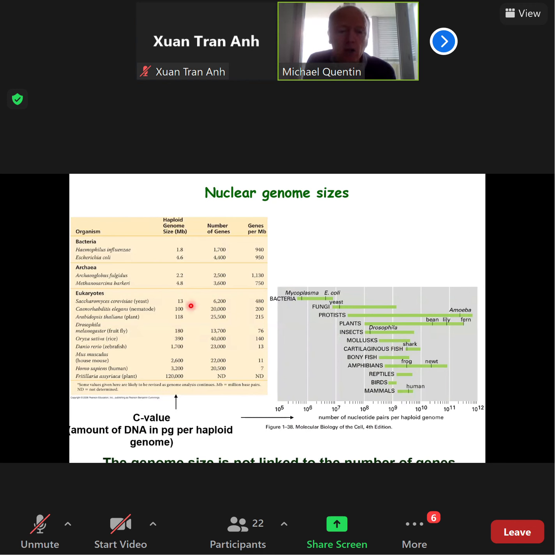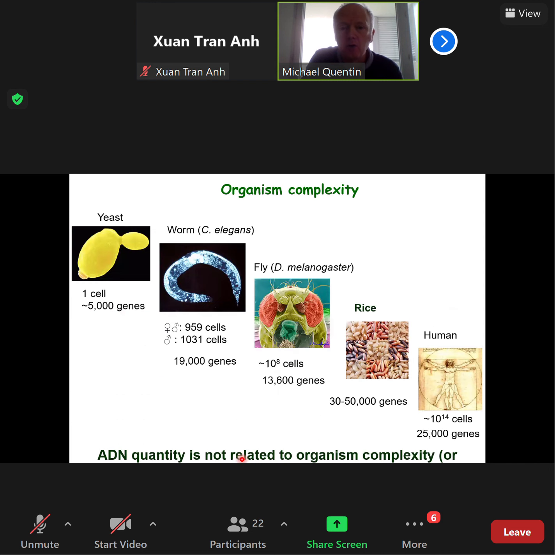Remember this: genome size is not linked to the number of genes, and some small genomes may encode a huge number of genes. Okay? Plants have small genomes, but those genomes encode a huge number of proteins.